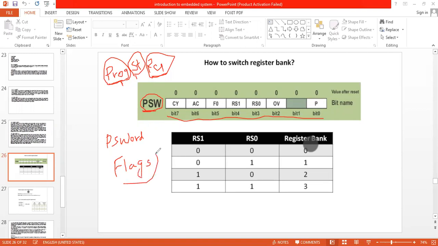What are those flags? A flag is a particular status of an instruction. Whenever a flag is raised, then depending upon the flag, I can execute some other instruction.